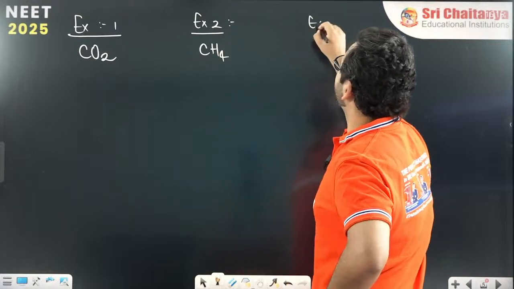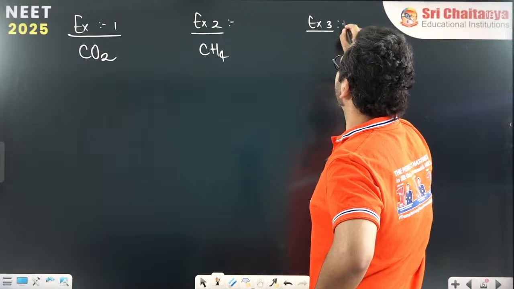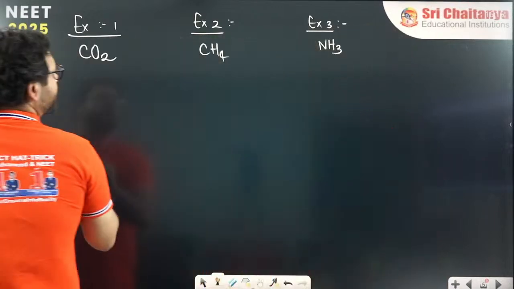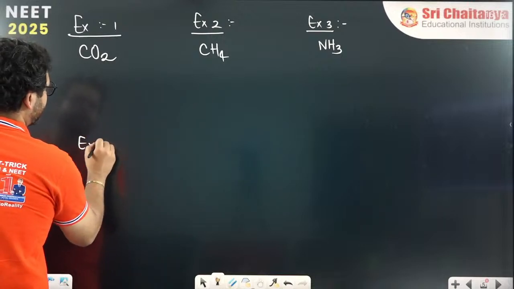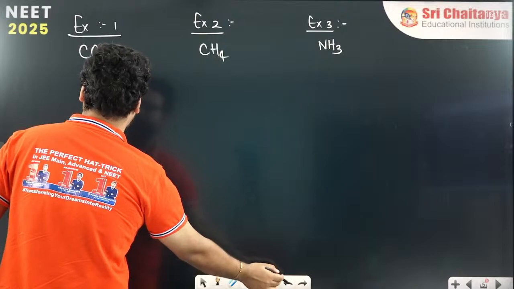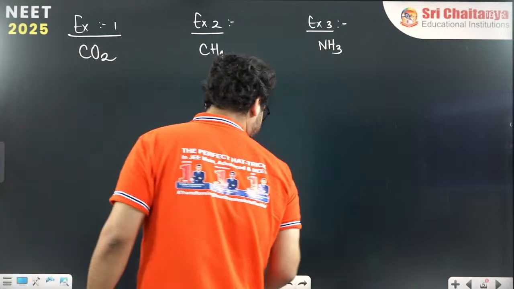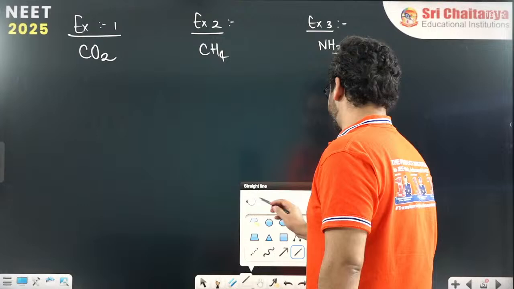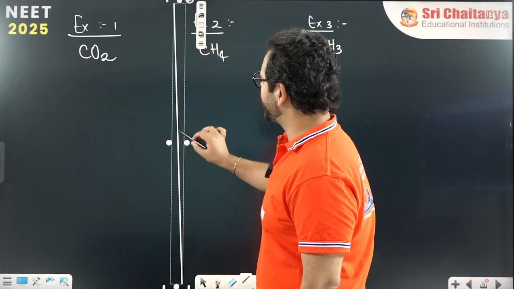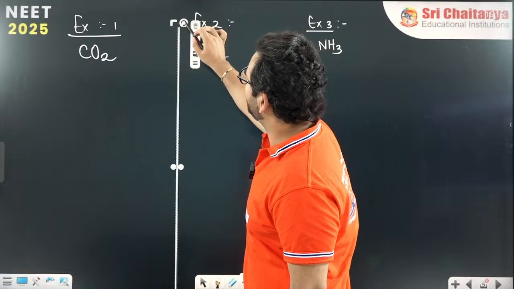Then I will take example number 3, which is going to be NH3. Then I will take example number 4. First let us draw only 3 examples on this page, then we'll go for the next ones. Then we'll go for little difficult ones also, like carbonate, nitrate, nitrite, all those also you can draw.